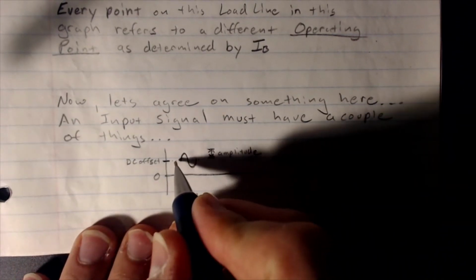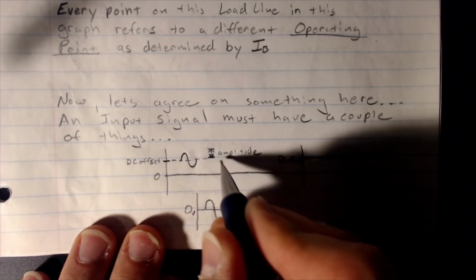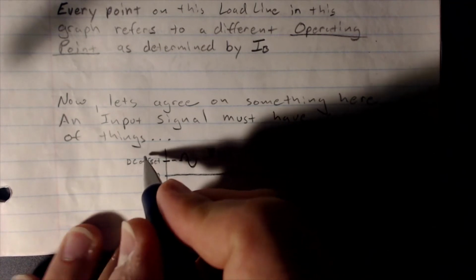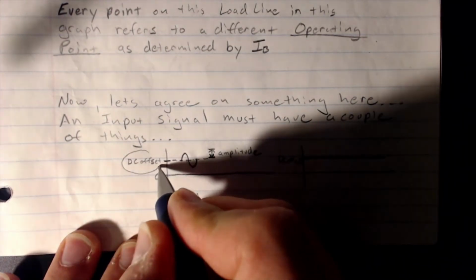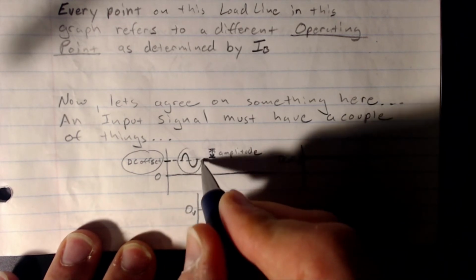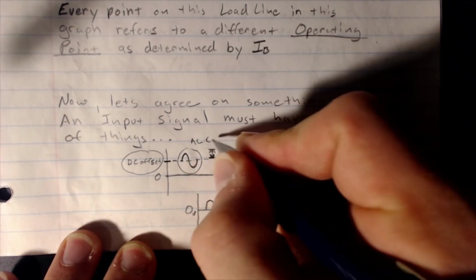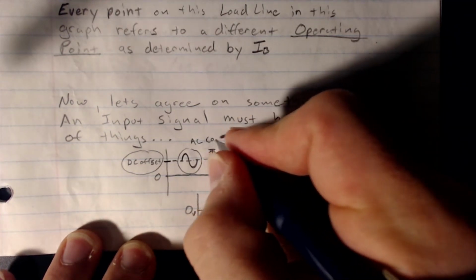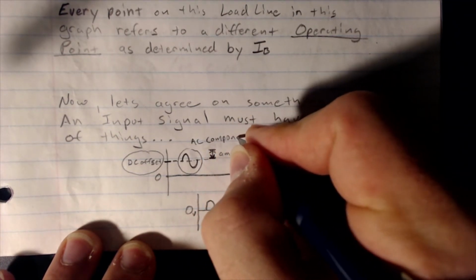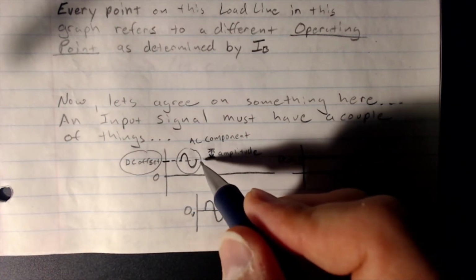So our signal is always comprised of these two components. We have the DC offset as well as our AC component. Our AC component is the changing voltage, whereas the DC offset is where we're starting from.